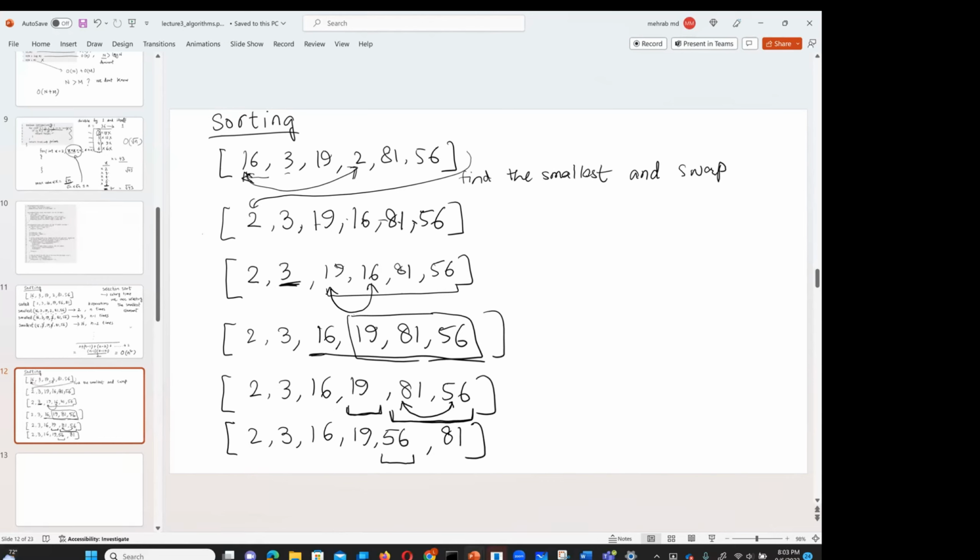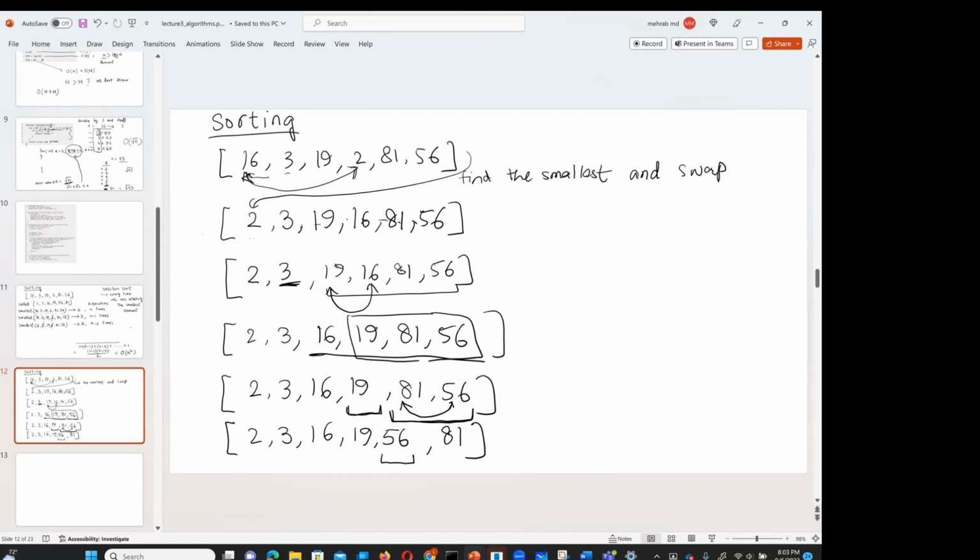Okay. So in every step, what I'm doing is I'm finding the smallest element and putting it in its right position, right? So how am I doing it? By swapping it, right? Okay. So is it clear to everyone?